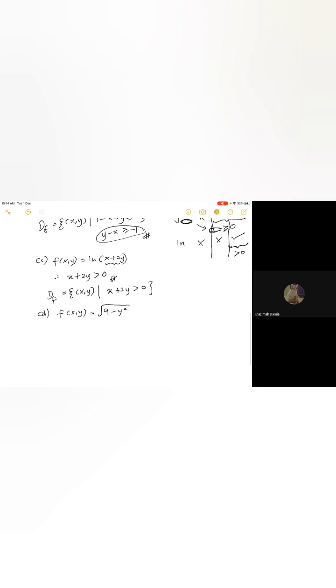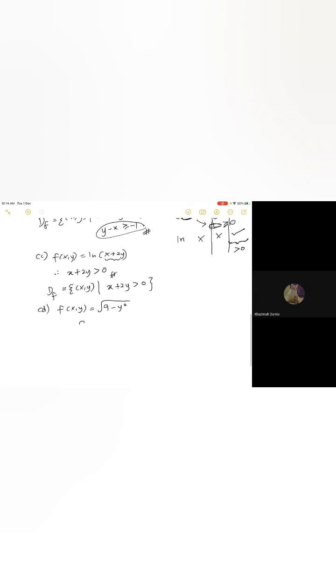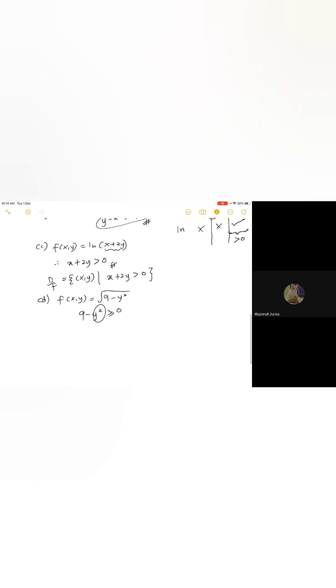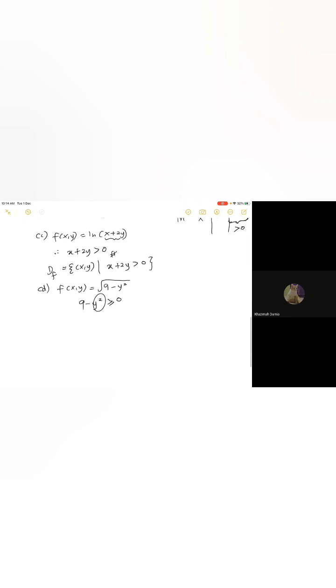Okay, so again it is square root, so it must be 9 minus y squared greater than or equals to 0. But then this is y squared, kita mesti letak dalam variable y. So kalau saya tukar balik ni, saya dapat 9 greater than or equals to y squared, atau y squared less than or equals to 9.